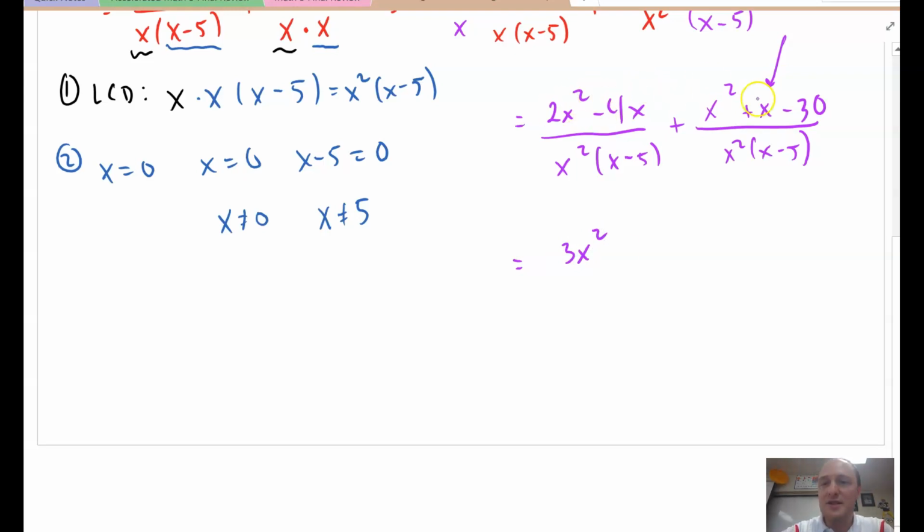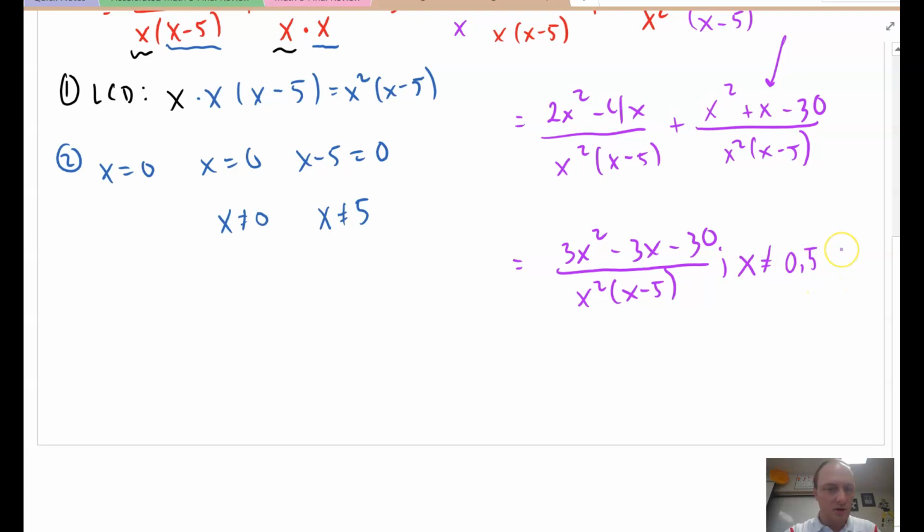A negative 4x and a positive x gives us negative 3x. And I have negative 30 all over our common denominator, x squared times x minus 5. Now, what are your excluded values? x cannot equal 0, and it cannot equal 5.